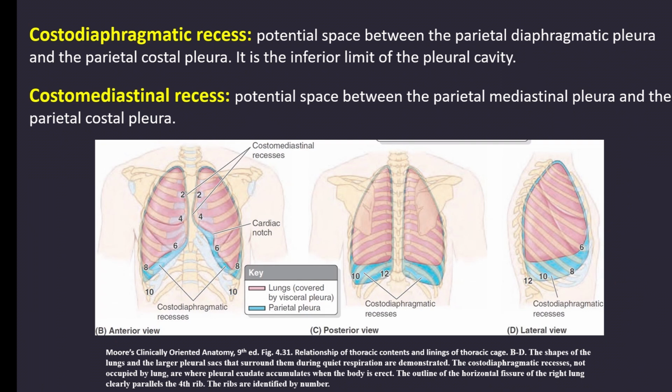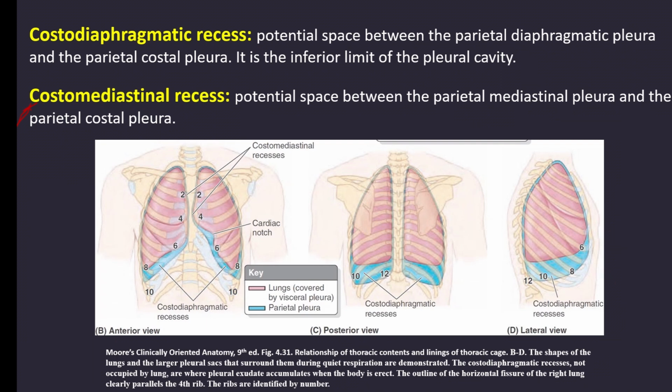So when those lines of pleural reflection reflect, they leave a space. Again, a potential space between that part of the parietal pleura with another part of parietal pleura. We have one that's called costo-mediastinal recess. That's the potential space between the parietal mediastinal pleura and the parietal costal pleura.